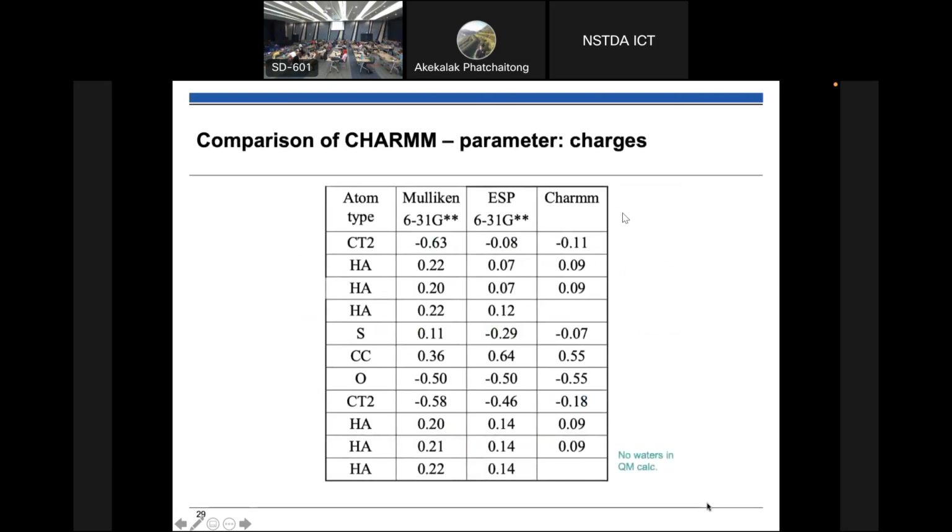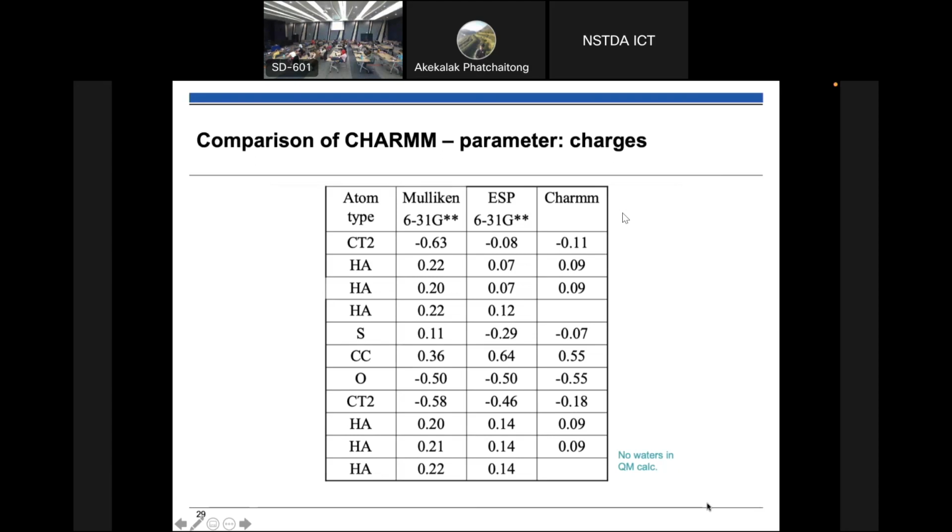So now, CHARMM. I just wanted to show you how different it is, right? This is why I mentioned that you can go and change the charges, or change the sigma values. The table shows the atom types for a molecule. This is the charge calculated from Mulliken charges. Mulliken is a well-known method to calculate charges from quantum chemistry. This is the ESP charges, another method to calculate charges from quantum chemistry.